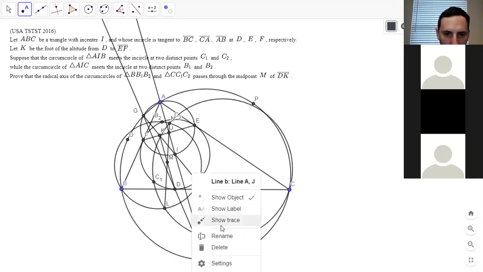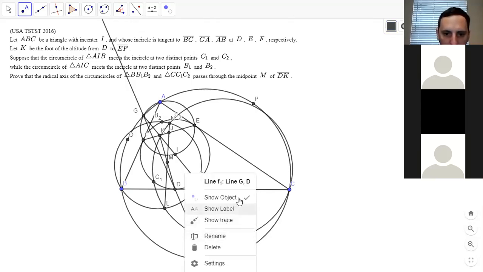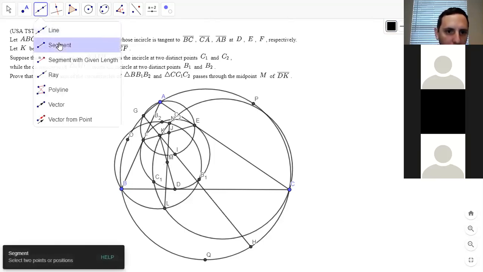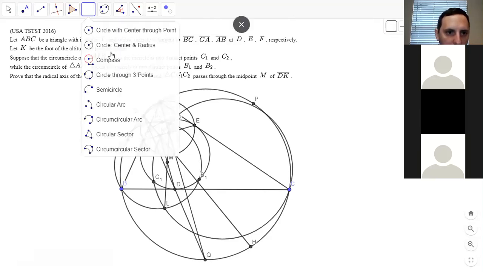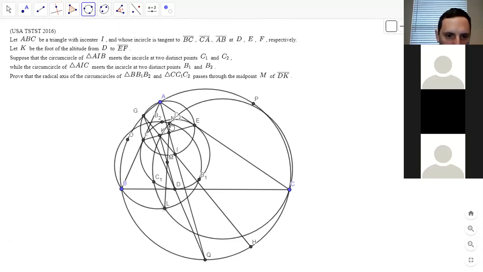Point Q, L, N, E, and F are cyclic. Interesting. I'm going to go draw that in just a second. L, N, E, and F. Oh, whoops, that's not N, sorry.